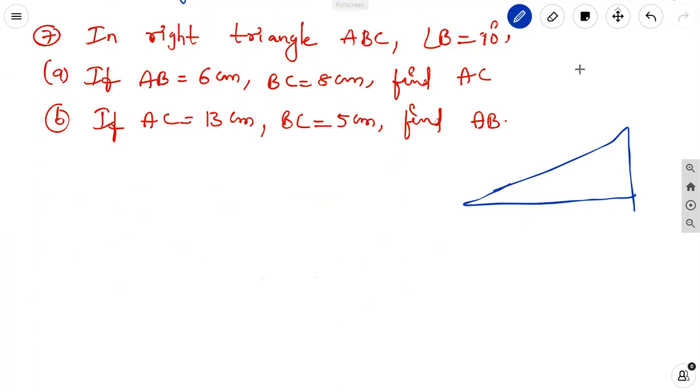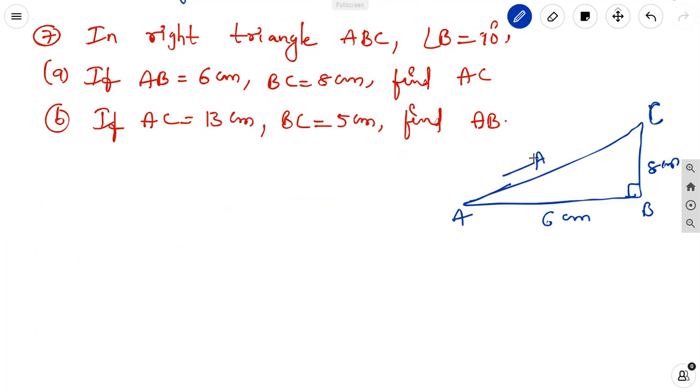In this, they have given angle B equal to 90 degrees, so it is A, B, C. Here they have given AB equal to 6 centimeters and BC equal to 8 centimeters, and we can find the other side, that is the hypotenuse. If ABC is a right angle triangle, then we use the Pythagoras theorem.